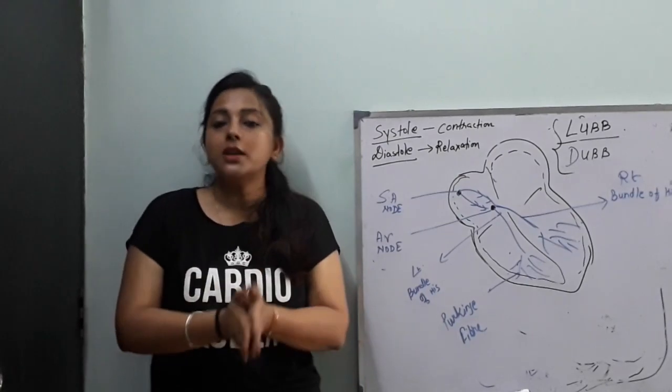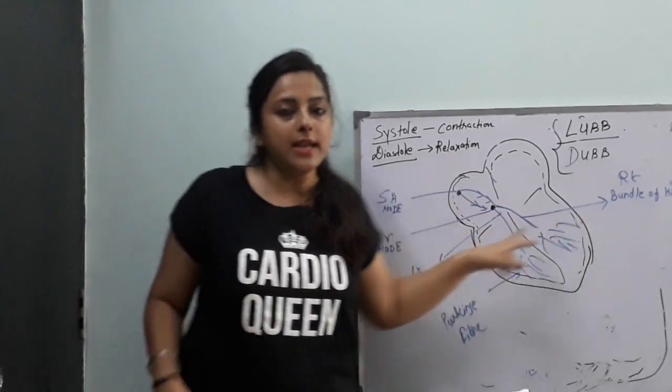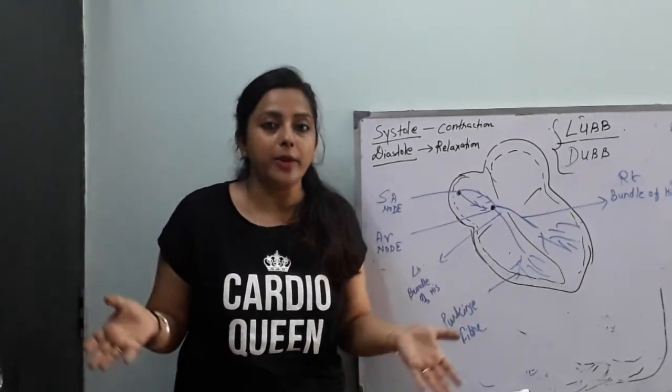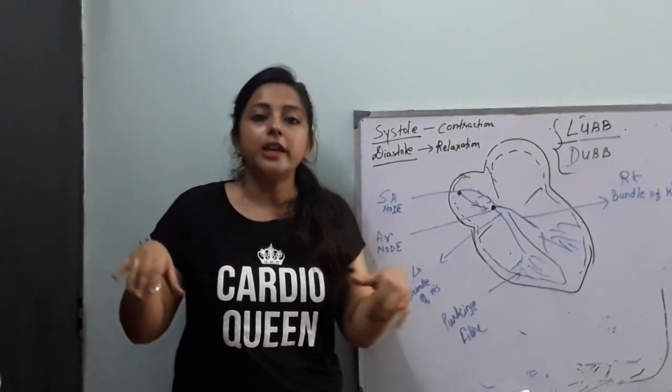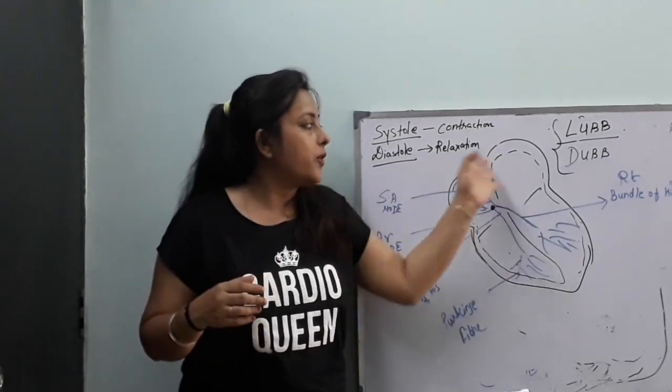That is why it is called the right bundle of His and left bundle of His, and from there again it branches into Purkinje fibers, and in this way the impulse is conducted throughout our heart.